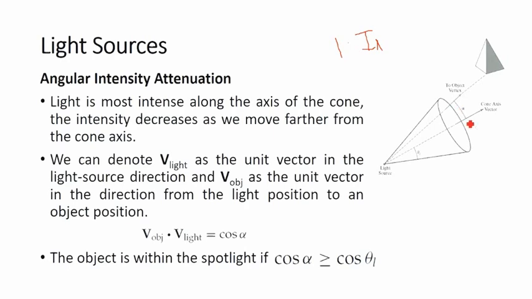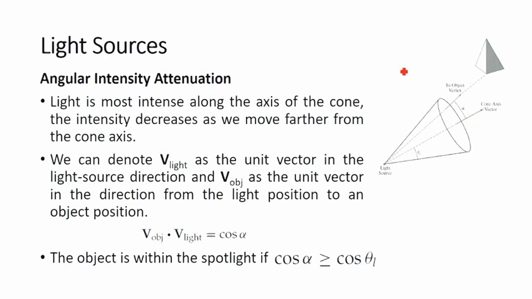Now as and when you move away from the cone, this factor should actually decrease, or intensity should actually decrease. So how to model it? To model it, what we will do is we will take the cos of this angle. So how does it help? Simple. Cos of 0 is 1.